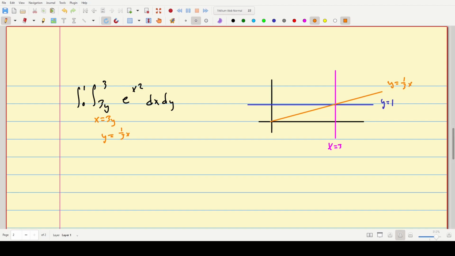Will look like this. Okay. So if we were going to reverse the order of integration, we need to know which side of the expression we're integrating. Since we're going from this part here to this part here, this is the region for us. Okay.